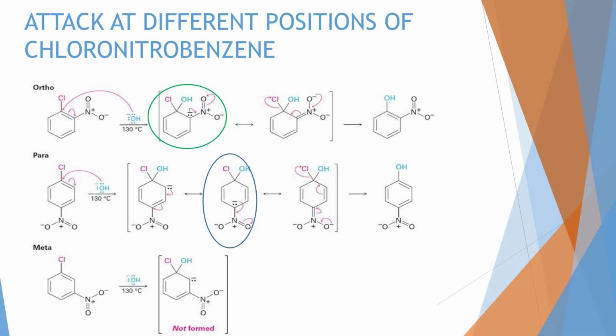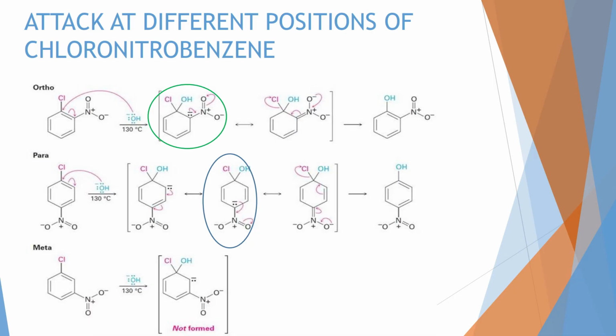So, we may summarize the mechanism: whenever a nucleophile attacks the nitrobenzene, then a complex is formed which is known as Meisenheimer complex, which thereafter undergoes cleavage of the carbon halogen bond, aromaticity is restored and the nucleophilic substitution takes place.